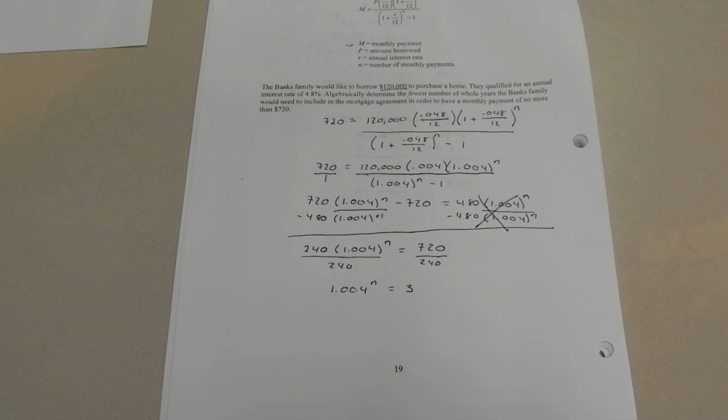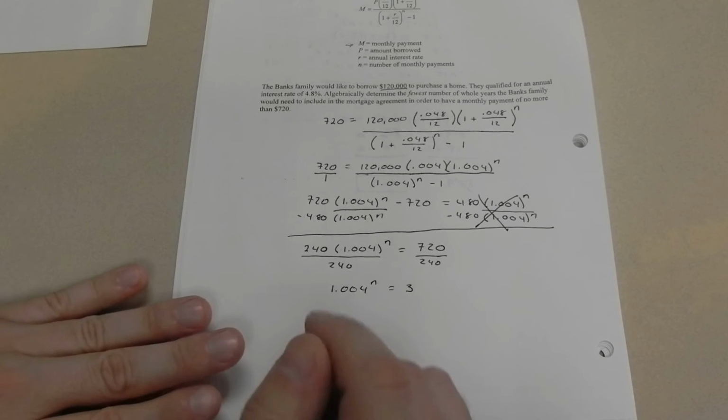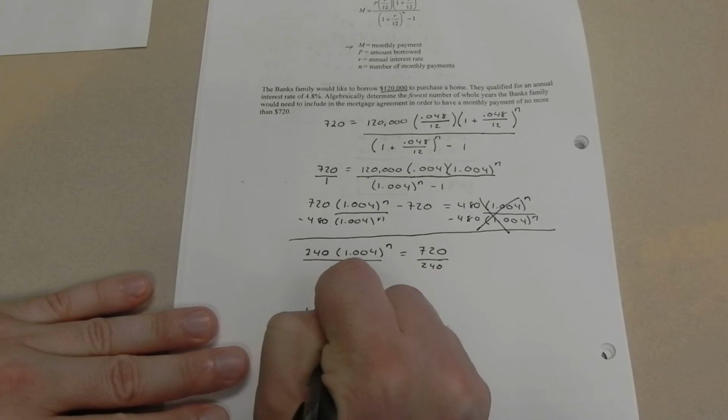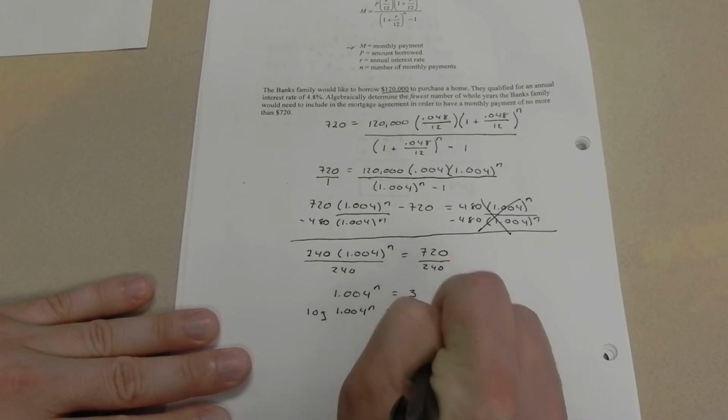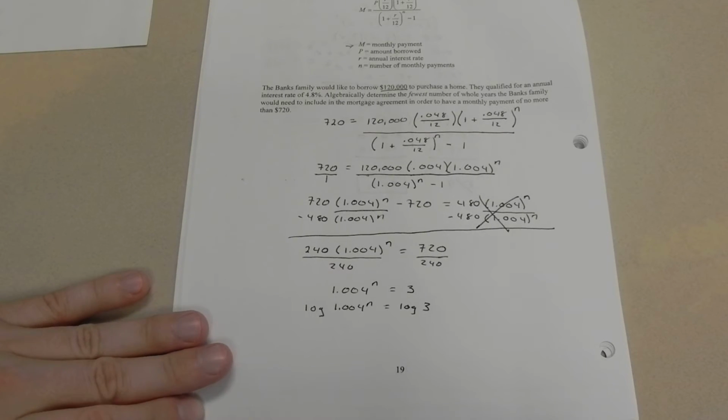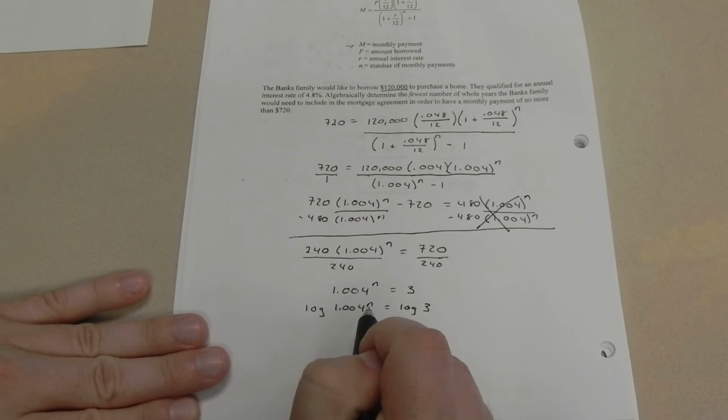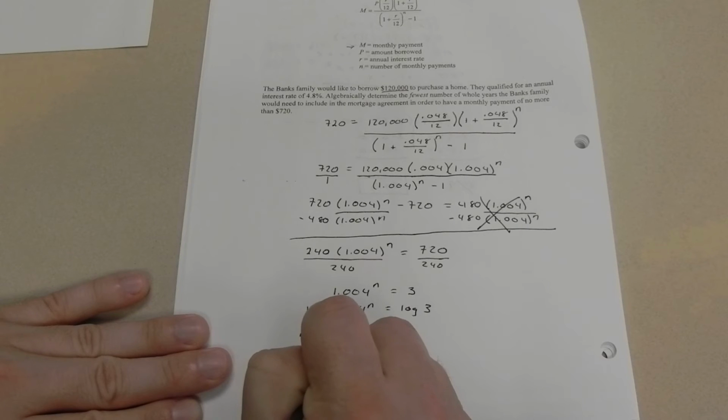In order to solve, I'm going to use a logarithm. I'm going to take the log of each side and then use the properties of logarithms. I'm going to move this exponent out in front.